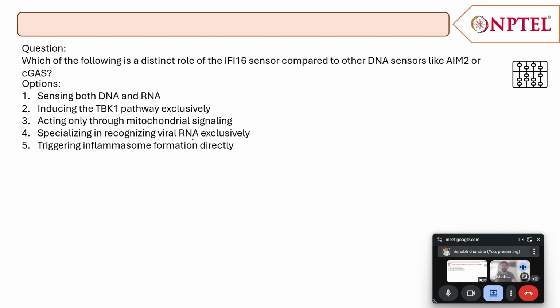Okay, so let's move on to the next question. Which of the following is a distinct role of the IFI16 sensor compared to other DNA sensors like AIM2 or cGAS? What can be the correct answer?